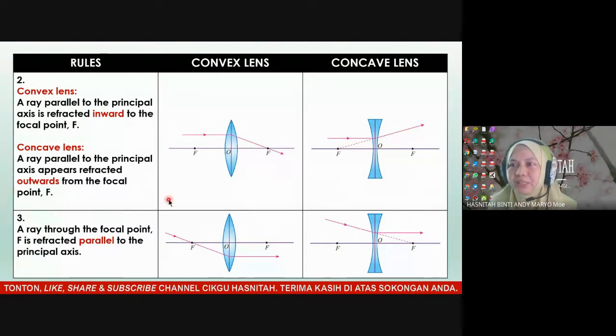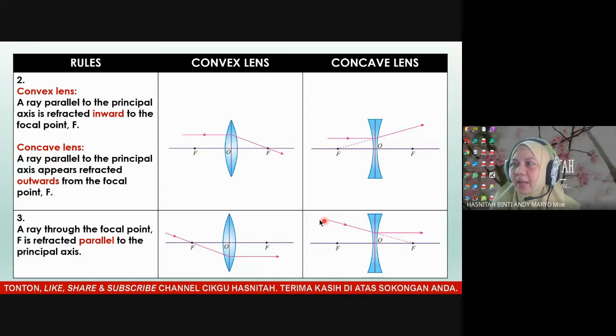And the third rule, students, a ray passing through the focal point, as shown here. So this is the ray passing through the focal point of the convex lens. What will happen? It will be refracted in a straight line parallel to the principal axis. Same goes for the concave lens.